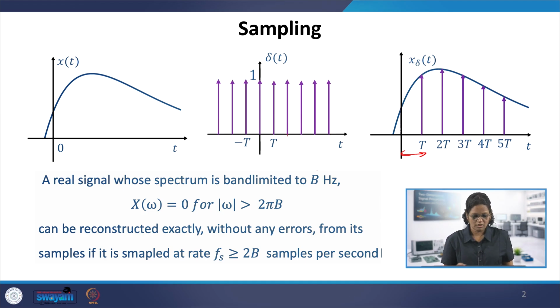So this signal should have a bandwidth, and it can be sampled with a sampling frequency fs greater than or equal to 2B samples per second, so that from the sampled sequence we can get back the analog signal. Reconstruction is possible only when we follow this Nyquist sampling theorem.